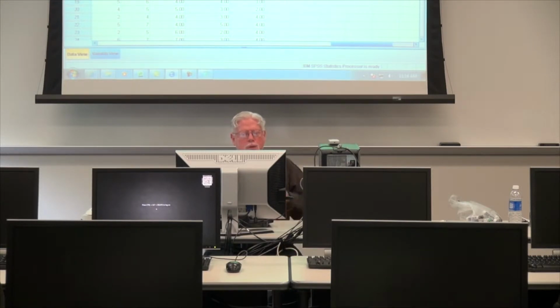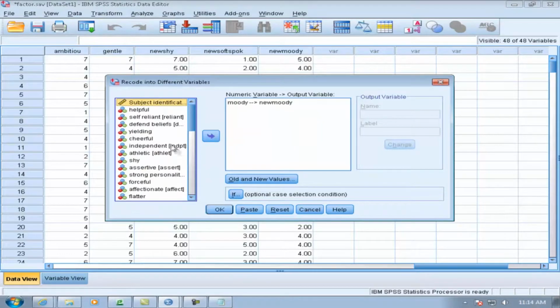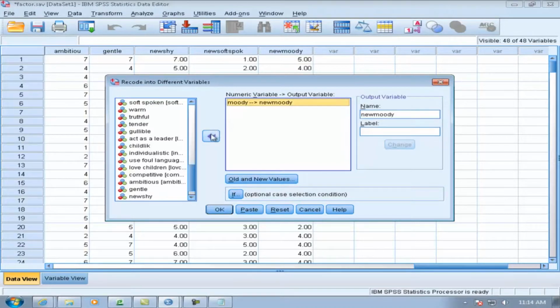So the other one that loaded on 4 was childlike. Now where was that at? It's towards the end. Right here. I got to get this one out first.